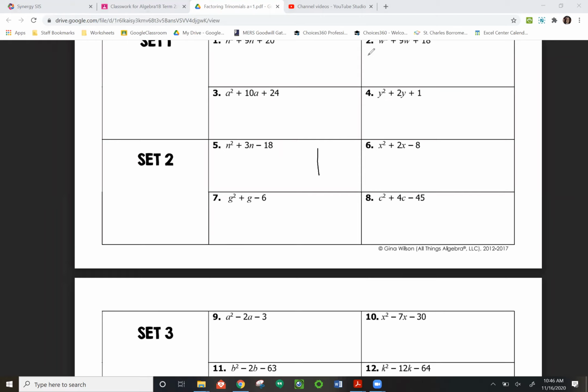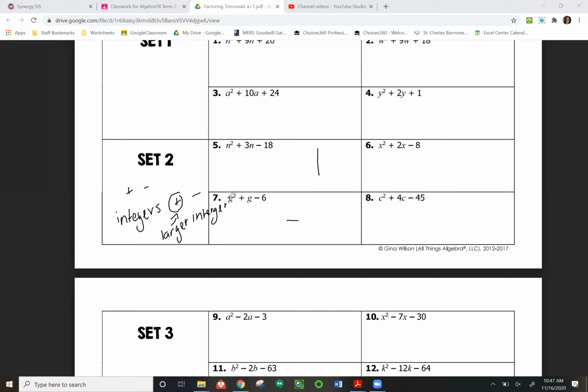So when we have a plus and a minus, my integers, one will be a positive, one will be a negative, okay? But one thing to note is if you have a plus and a minus, what's going to happen is that your positive one is going to be the larger integer, okay? The larger integer.